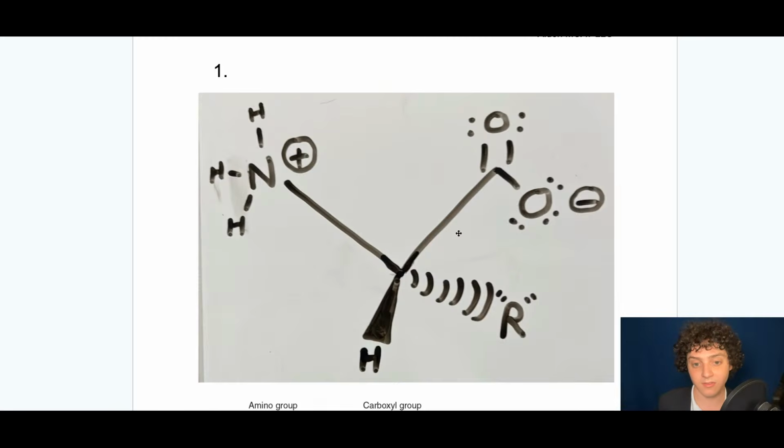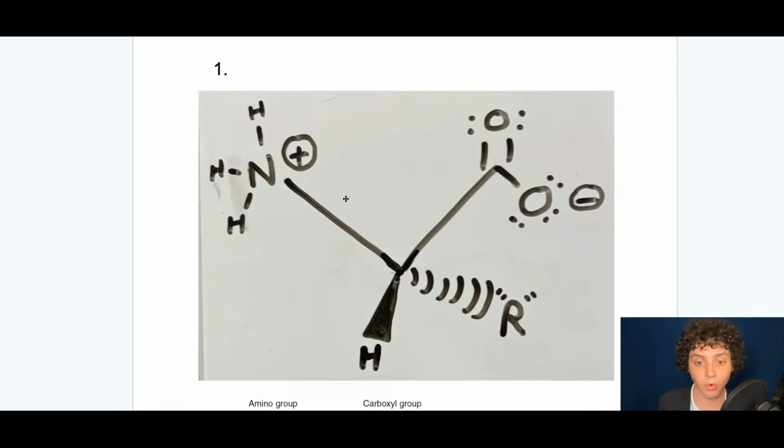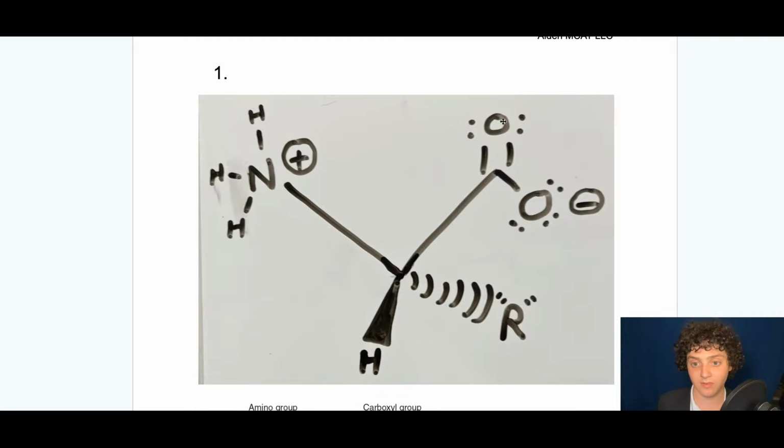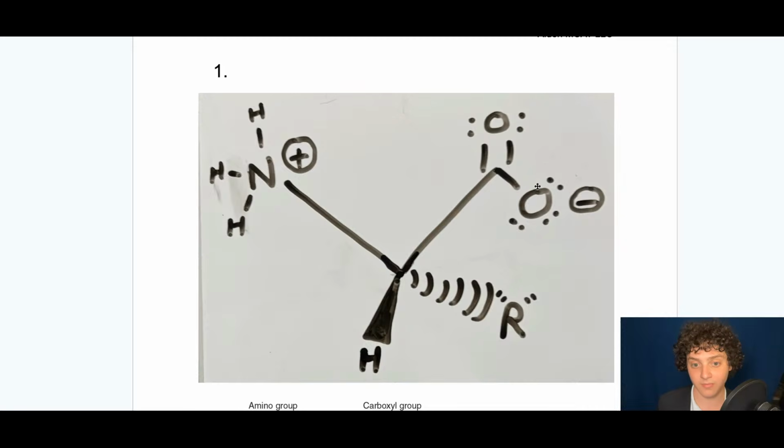And it turns out that among organic molecules, when you have a molecule that has this specific nitrogen hydrogen configuration, which is called an amino group, and this specific carbon oxygen configuration, which is called a carboxyl group, it is an amino acid.